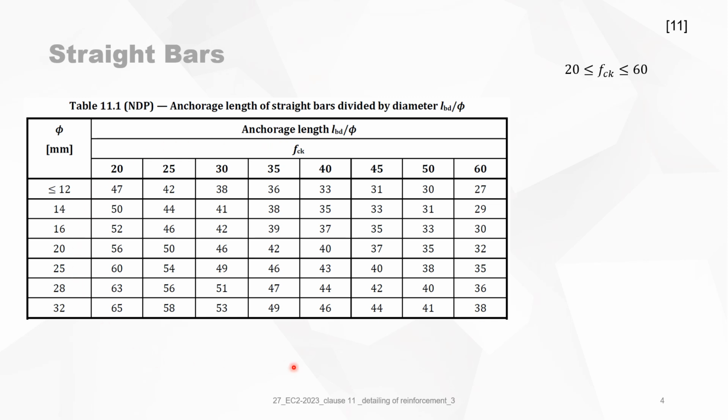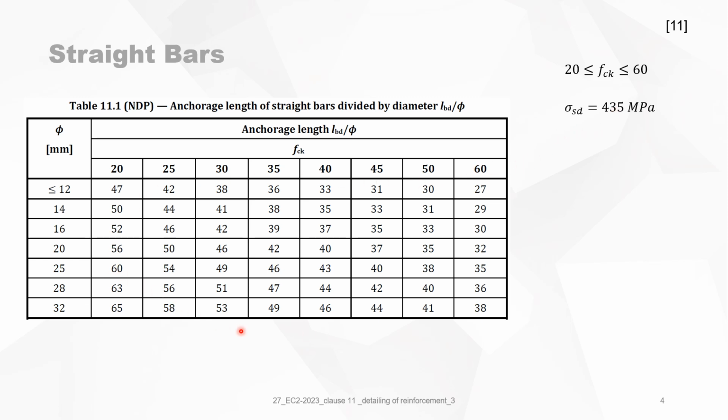This table is valid for concrete quality between 20 and 60. Above 60 it's not applicable here, because for very high strength concrete the anchorage length is set equal to that for fck equals 60, because they are not sure how high strength concrete bond will react. So that's why there's a limit on fck.